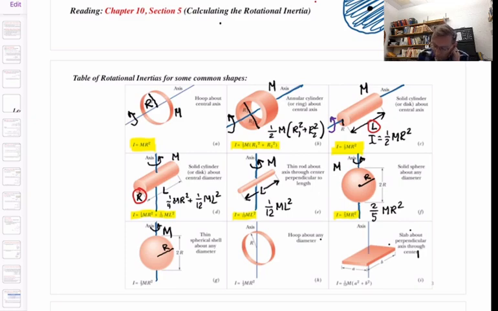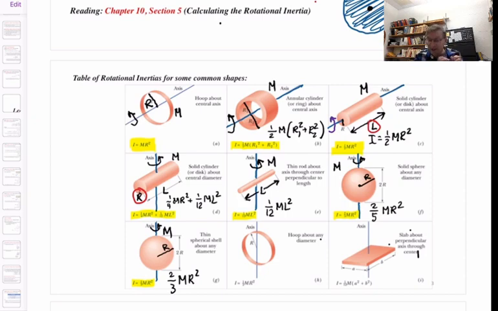The formula for the rotational inertia of a thin spherical shell is 2/3 mr squared. Let's compare F and G. Let's say both things have the same mass m and the same radius r. But in F, the mass is distributed throughout the whole body inside the sphere, nice and uniform.